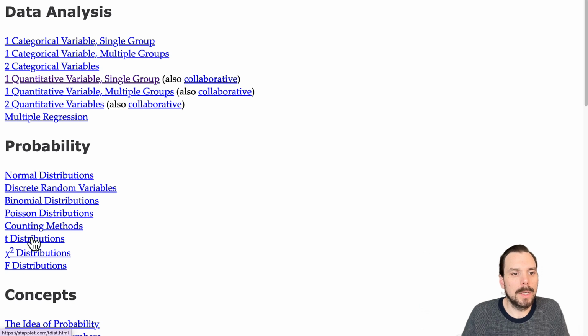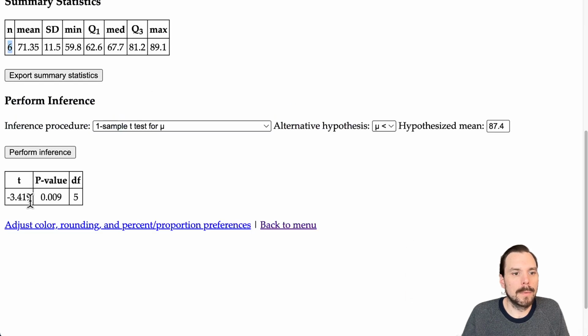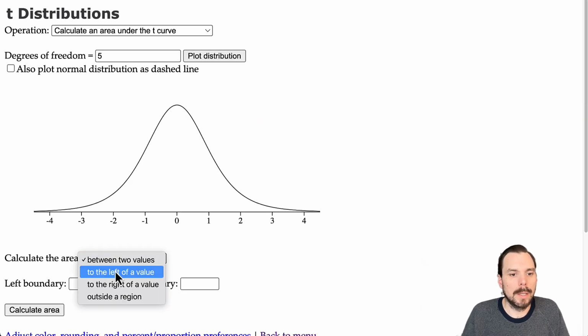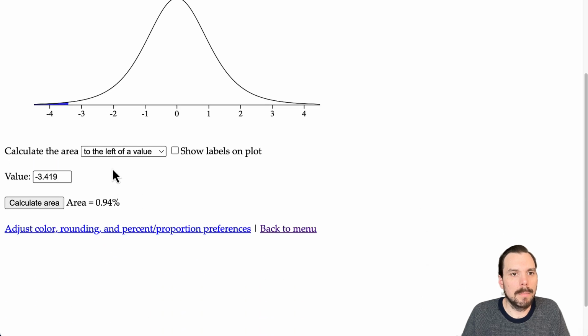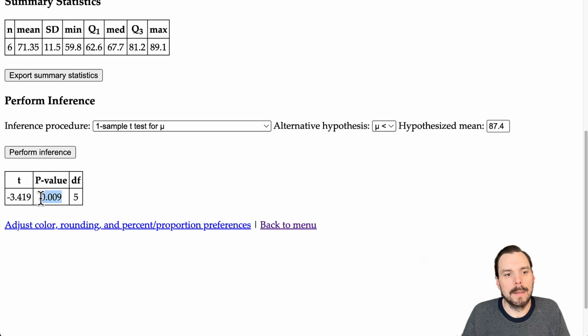And now we can use the t-distribution using that outputted t-score. And in this case, we're going to calculate the area under the curve and use our 5 degrees of freedom. This was a left tail test. And we should be able to see the same quantity that we've got for our p-value back here.